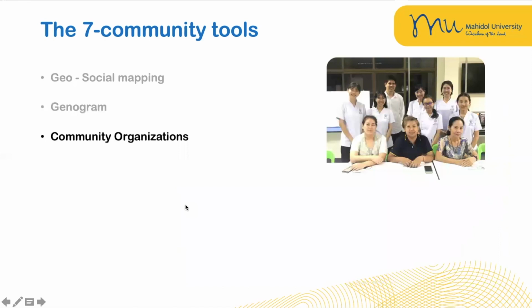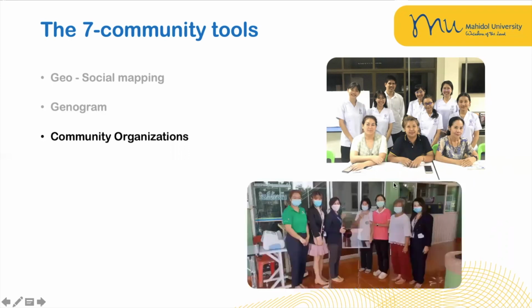The third is community organization. We will find our local organizations, both formal and informal. Understanding the community organization can help you find the right people and organizations to enhance your project for patients or developing society in the right direction.